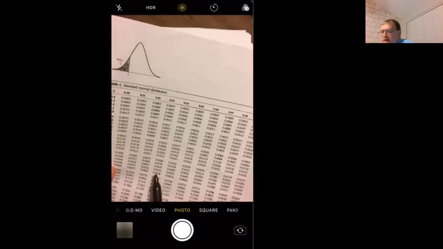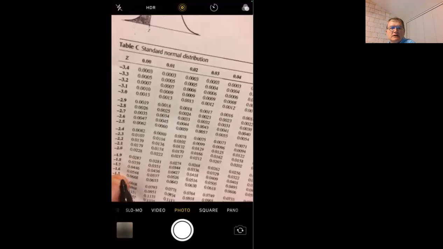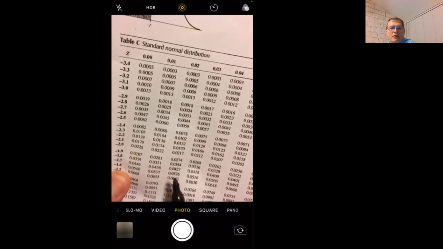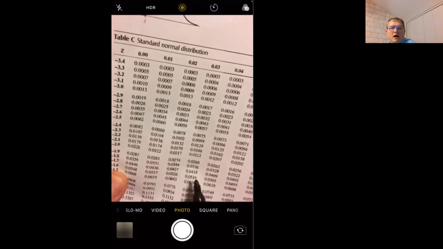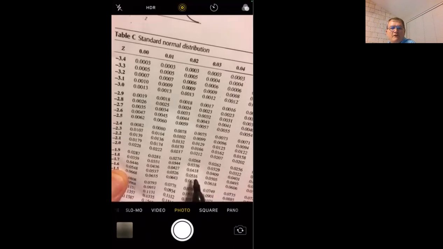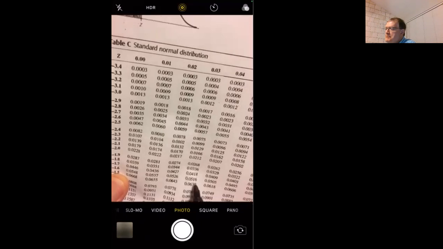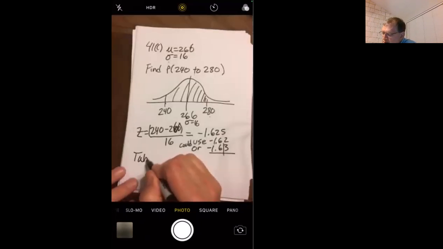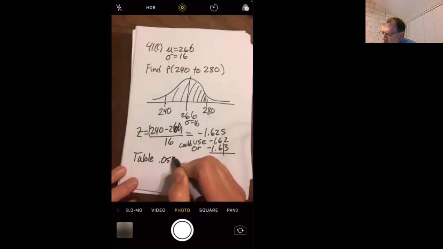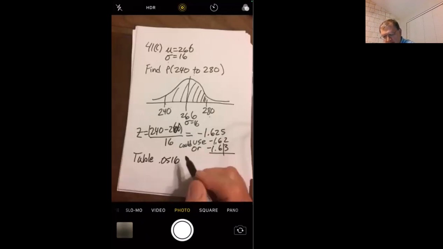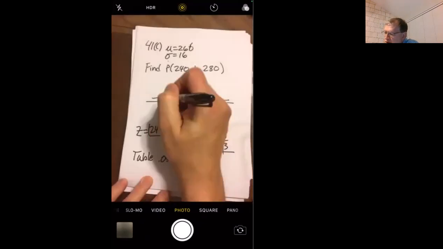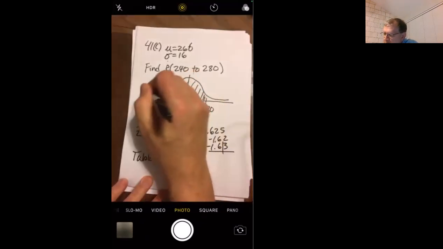Negative 1.6 over to the 03 column, 0.0516. Table says 0.0516, which is that way.